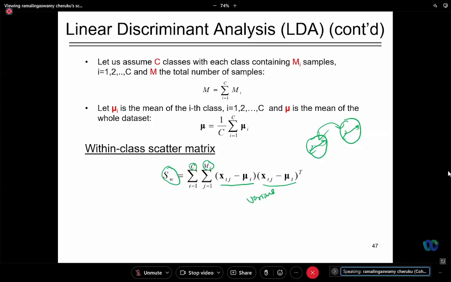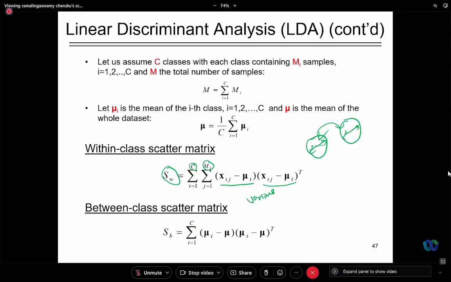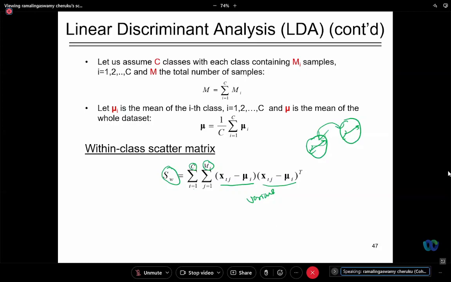Now what could be the dimensionality of this? Is it C cross A or something else? What is the dimension of SW? By looking at this summation, can you guess?